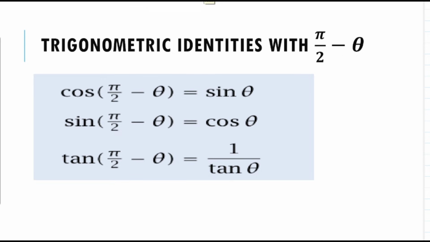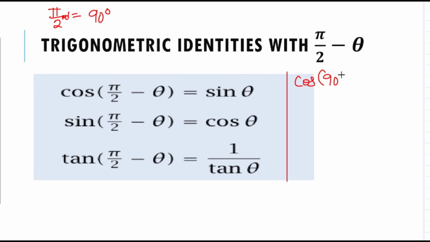So trigonometric identities with pi over 2 minus theta. Now remember that pi over 2 is in radians. If we change it to degrees, that will be 90 degrees. Pi over 2 radians equals 90 degrees. So this expression can also be rewritten in terms of 90 degrees.